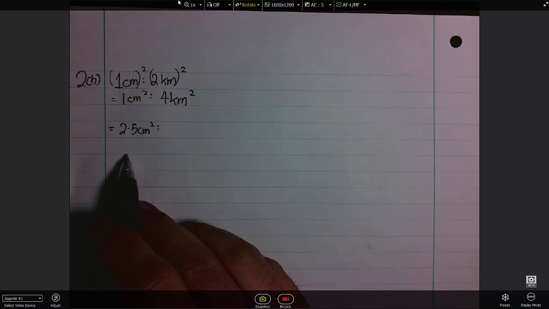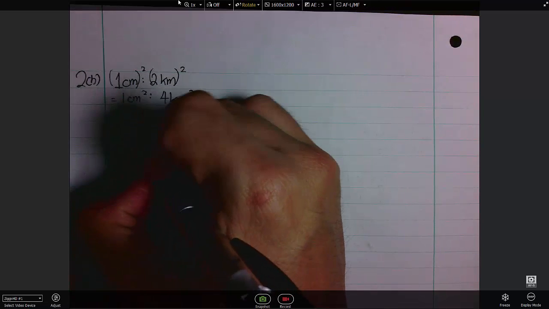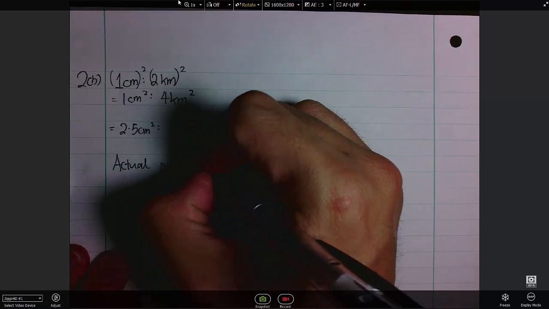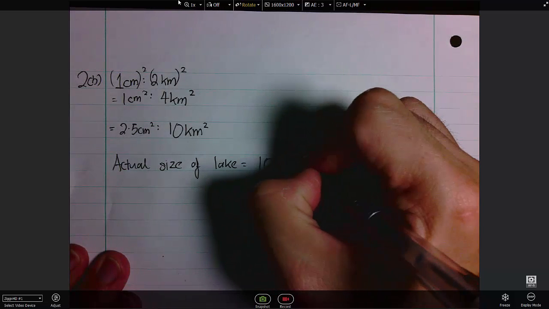They tell me that the area of the lake on map X is 2.5 cm square. So 2.5 cm square will represent 4 times 2.5, which gives me 10 km square. So the actual size of the lake is equal to 10 km square.